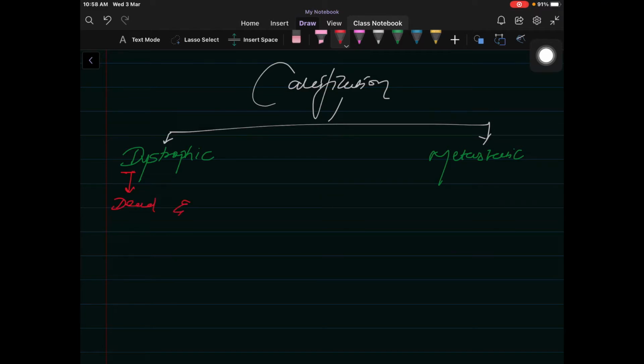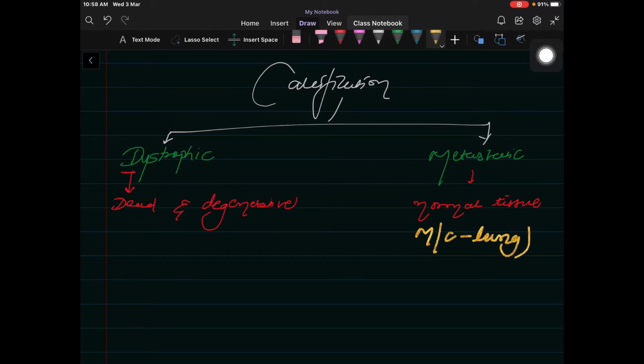Dystrophic calcification occurs in dead and degenerative tissues, whereas metastatic calcification occurs in normal tissue. The most common site for metastatic calcification is the lung.